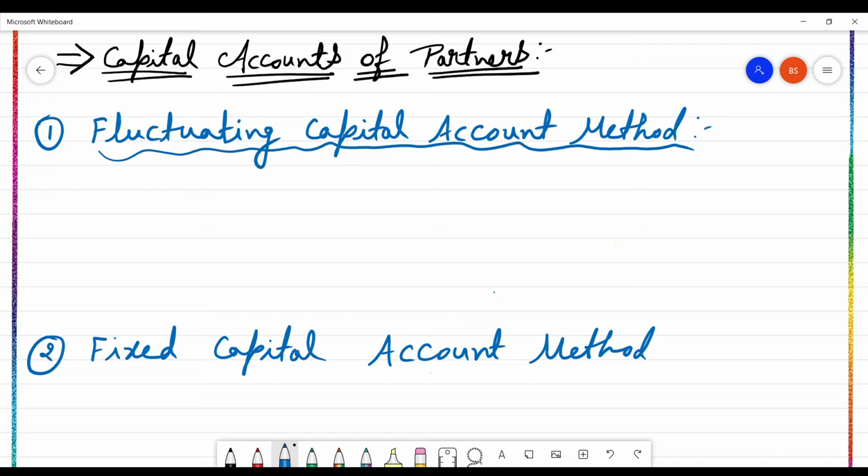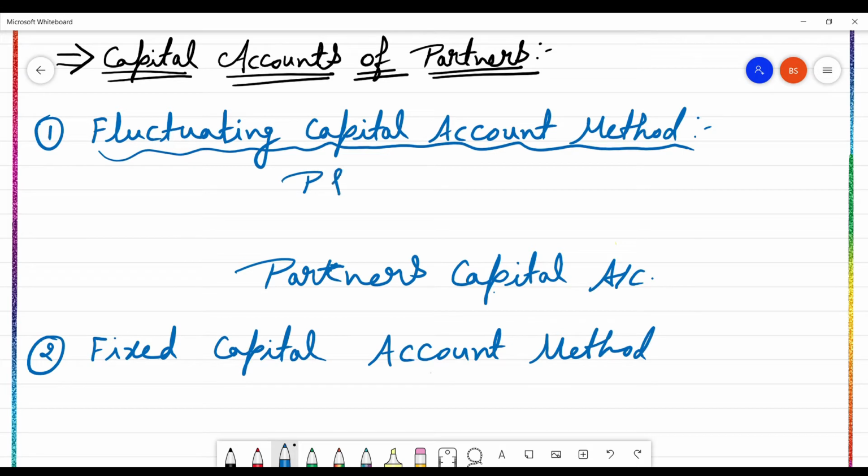Only one account is prepared here, partners capital account. But when we solve the sum, two accounts are prepared. First P&L appropriation account, and second one is partners capital account.